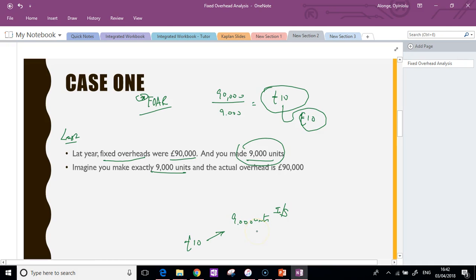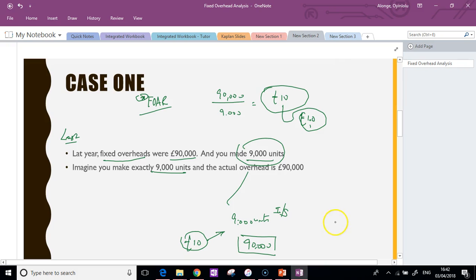That's the issue here, right? When I'm carrying out my variance analysis, 9,000 units, I've put 10 times 9,000 units, and therefore my income statement is showing 90,000, because I've attached £10 of this thing that I calculated in there. I made 9,000 units, I've got 90,000.